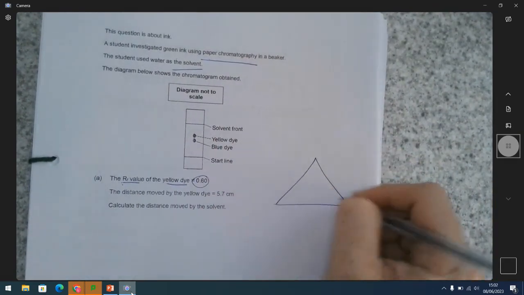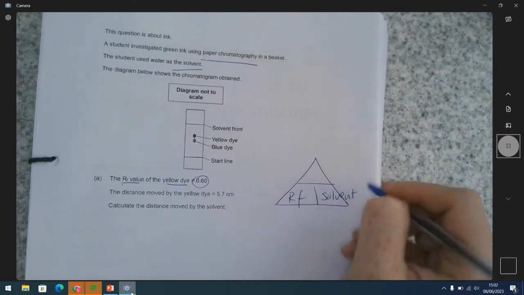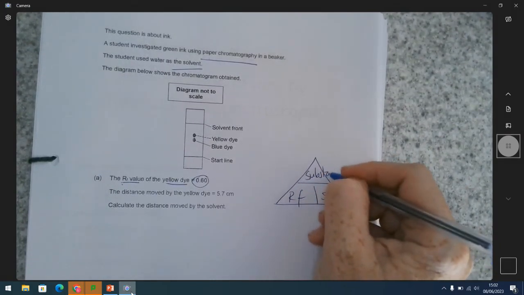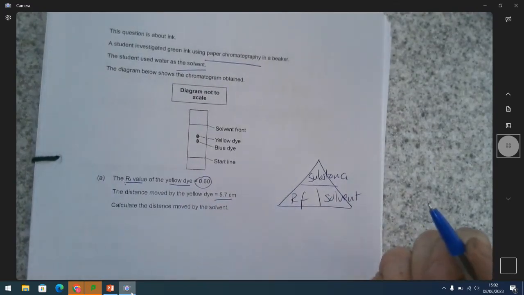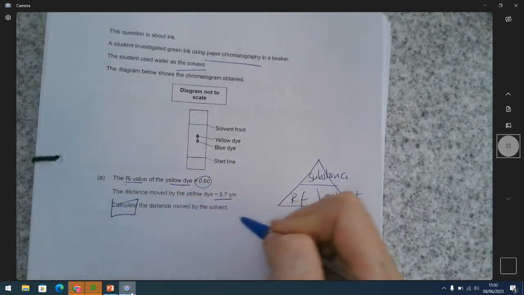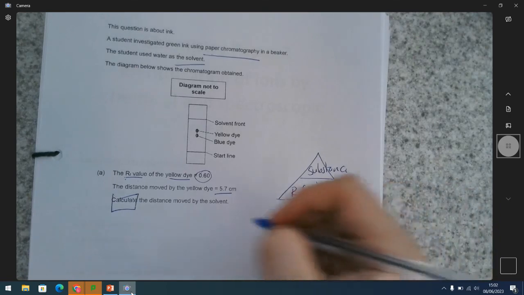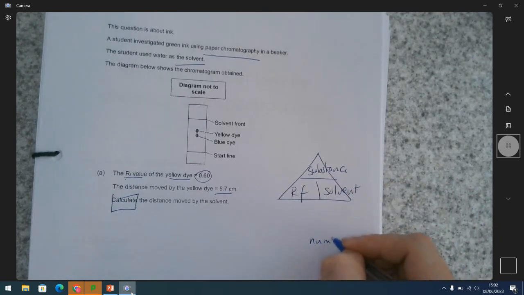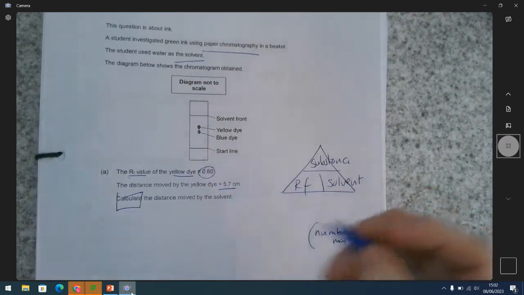So again, I'm thinking about my triangle. RF value, solvent front distance, substance distance. The distance moved by the yellow dye was 5.7 centimetres. Calculate the distance moved by the solvent. Now, depending on the number of marks, which I don't seem to have here, I might have to convert the units, but we're just going to use the numbers that they've given us for today.